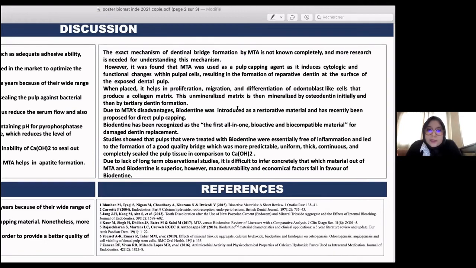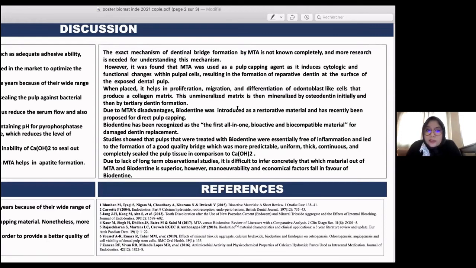When placed, it helps in proliferation, migration, and differentiation of odontoblast-like cells that produce a collagen matrix. This unmineralized matrix is then mineralized by osteodentin initially and then by tertiary dentin formation.